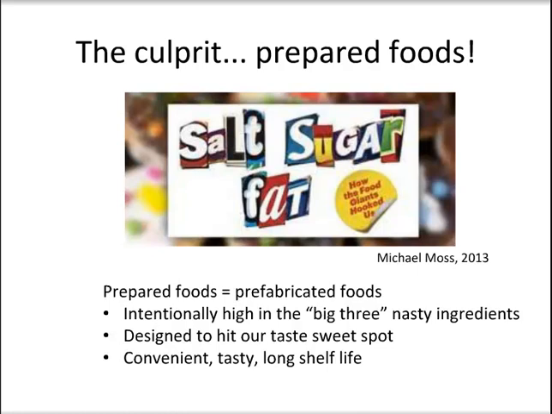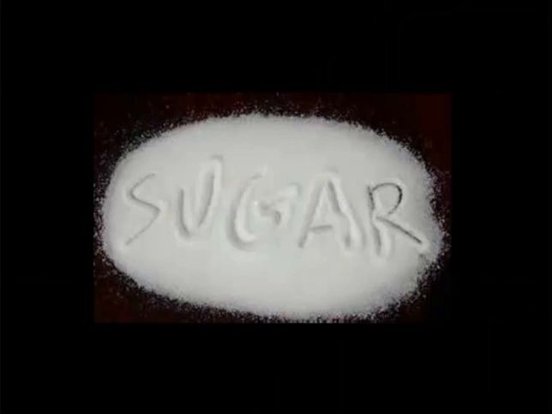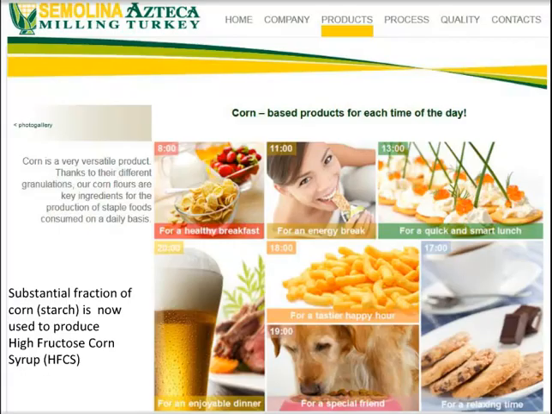And possibly the biggest source of sugar is corn, as high fructose corn syrup. We'll be talking about that a little bit more as we go on. And it's really amazing to see how many foods are prepared from corn. You see here we have breakfast, we have an energy drink, a snack, beer.